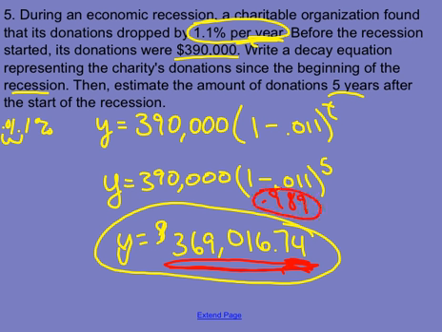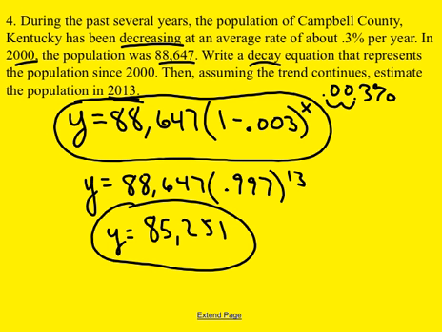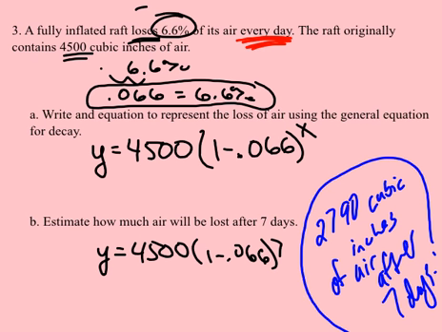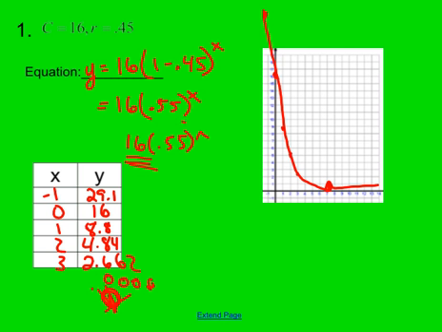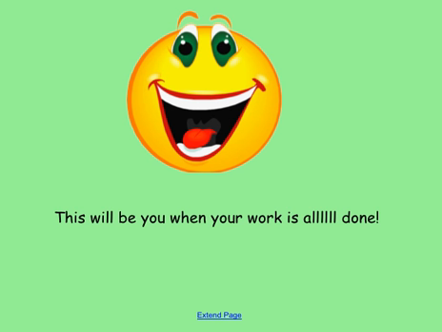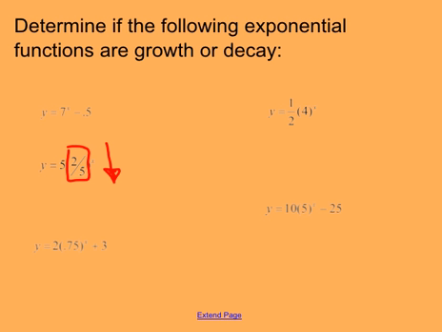So when I take 0.989 and raise it to the 5th power, it's going to get smaller, so it's going to be a decay. Right? These are all less than 1. So all of these are going to be decay problems. 2/3 less than 1. 0.55 less than 1. So whenever you have a value less than 1, that's going to be decay.